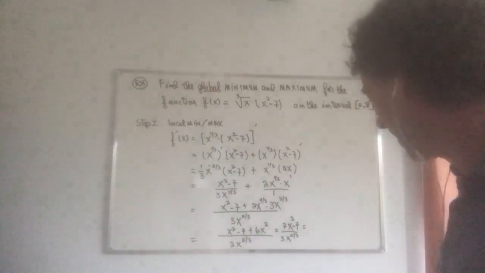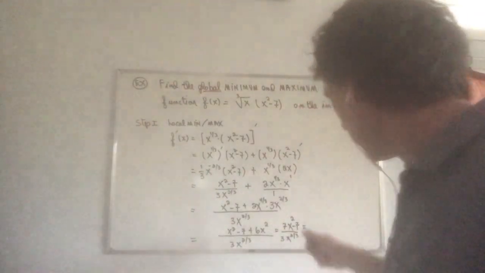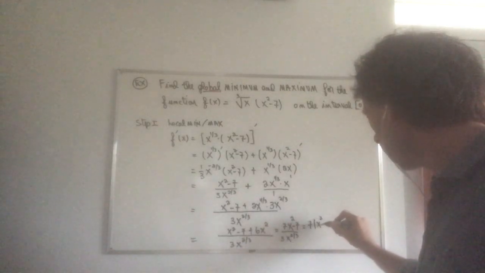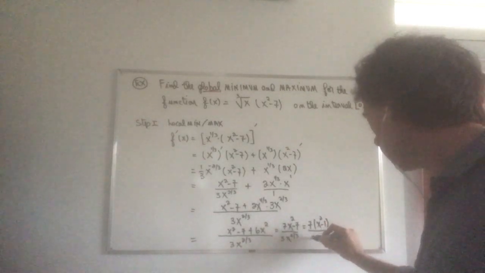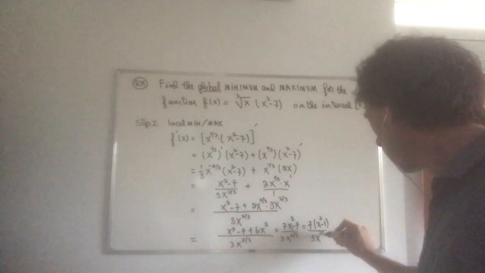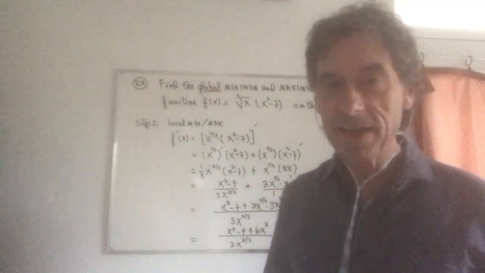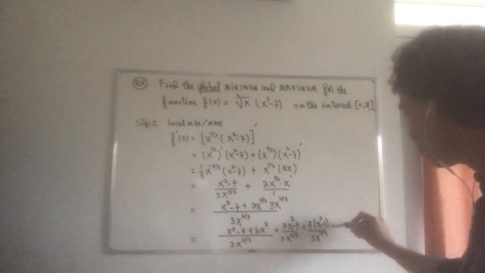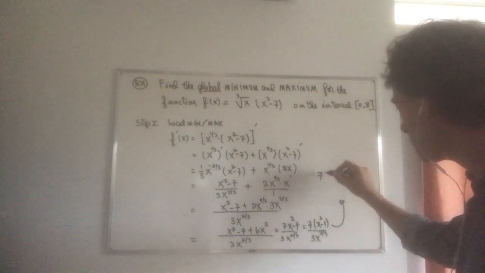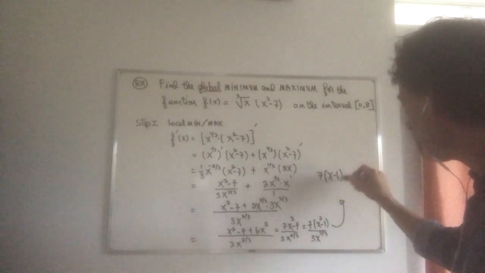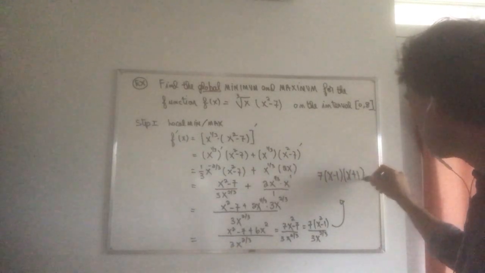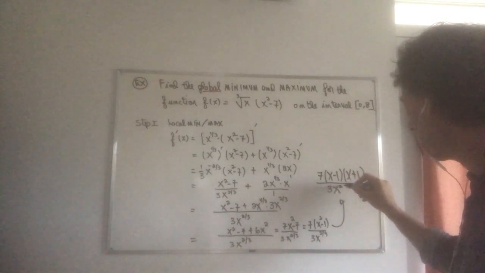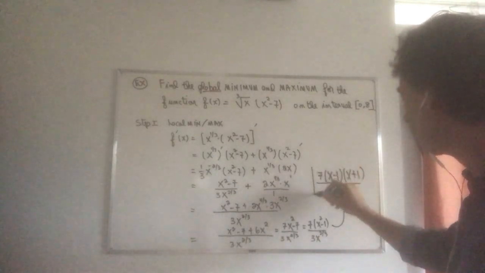Nah, because I can take out a 7 and I'm going to get x squared minus 1 over 3x to the 2/3. Is that fully simplified? No. Because this is a difference of squares. So my derivative is 7 times x minus 1 times x plus 1 over 3x to the 2/3.